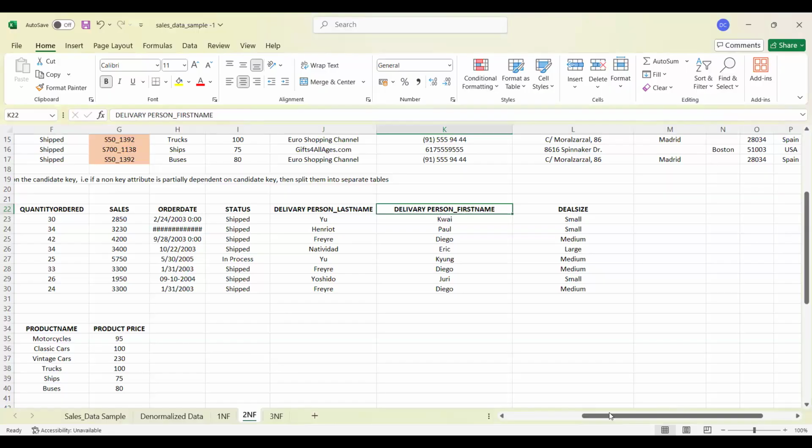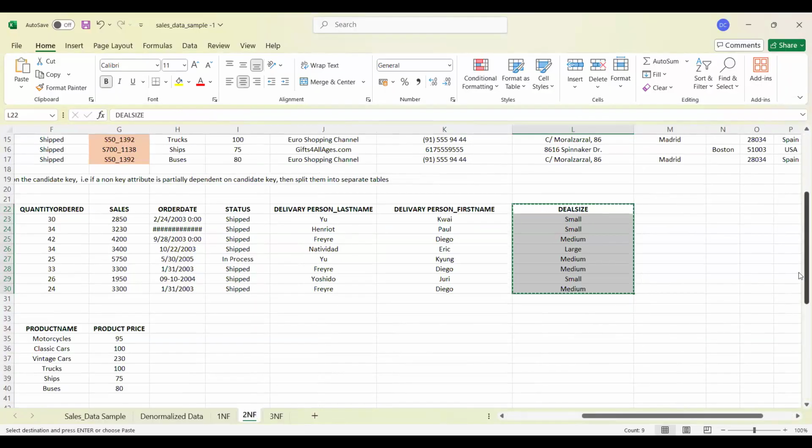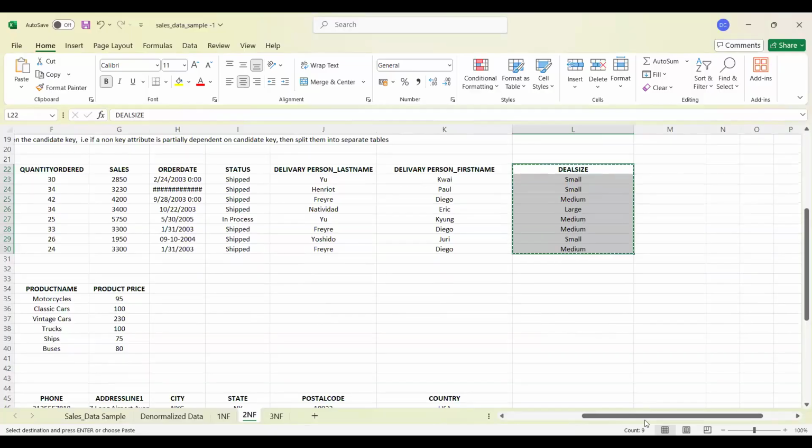Basically, this delivery person details only we are considering as the transitive dependency, right? So deal size we can keep as it is in the order details table. I'm just keeping the columns here because I'm going to remove them, and I will keep those columns at the end.